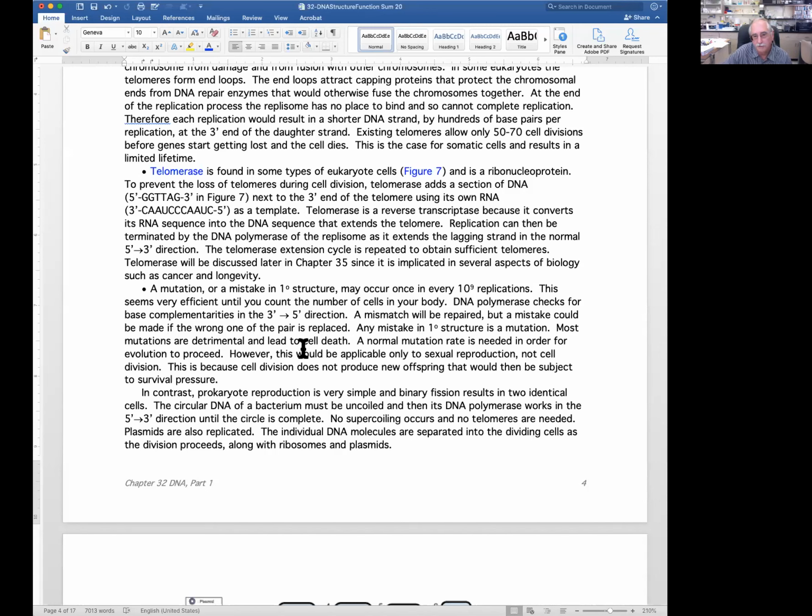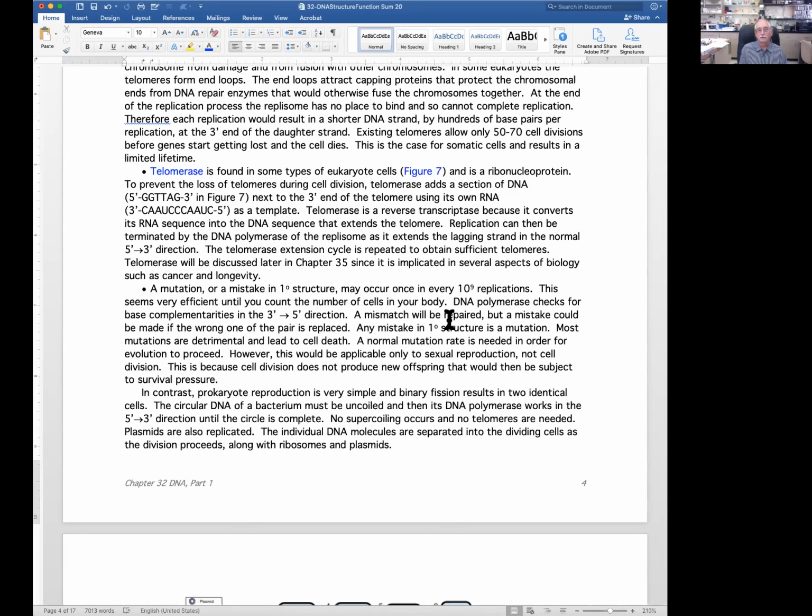So mutation, which would be a mistake in the primary structure, may occur about every billion replications. And that seems extremely efficient until you count the number of cells in your body. So DNA polymerase has another function, and that's checking the DNA for mistakes. So replication goes in the 5' to 3' direction only.